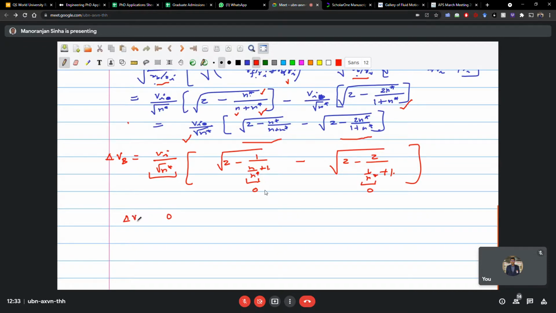So delta Vp, basically in the limiting case, this is written as 0. So that means delta Vp plus delta Va and delta Vc. This quantity is being contributed only by these two in the limiting cases.